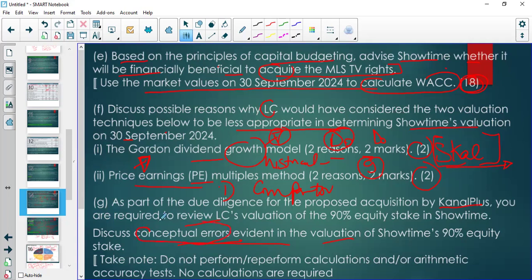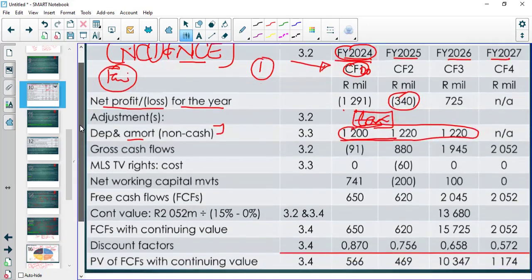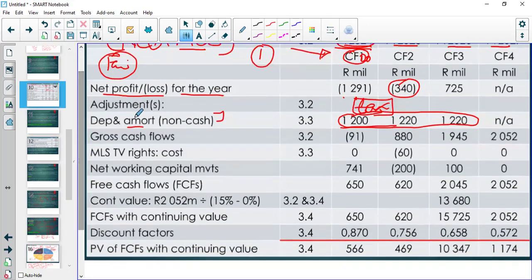So which means that we don't have to reperform calculations or arithmetic accuracy, right? So we're just looking at the conceptual errors, because I was going to check if this is correct. So if they don't say do not recalculate, you always have to recalculate to make sure that the actual addition and subtraction is done correctly, right? The arithmetic is done correctly.